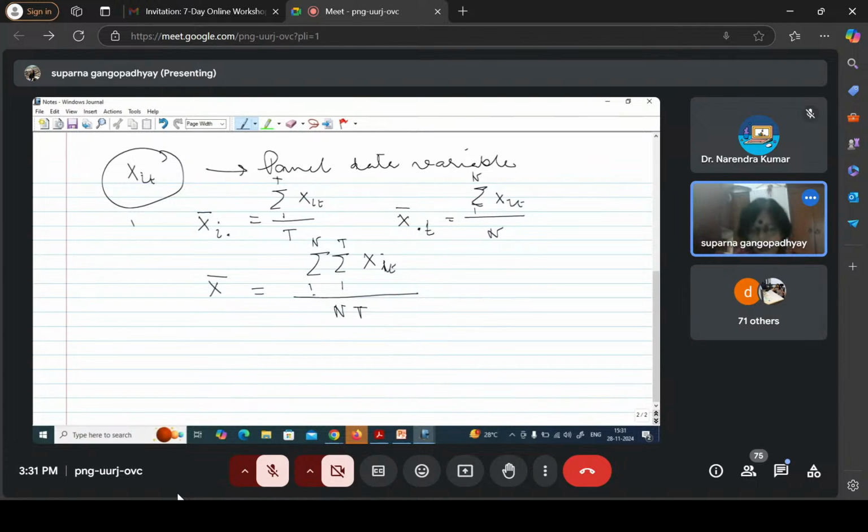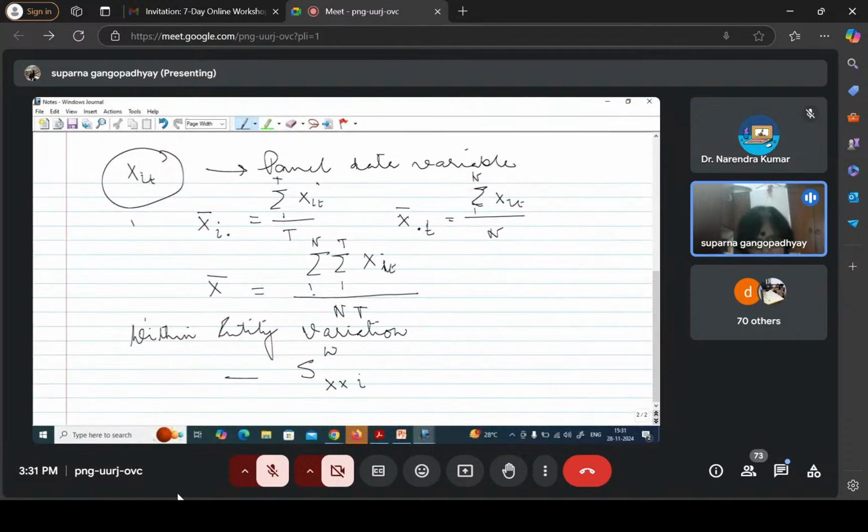And your sources of variation. When I consider within entity variation, for total within entity variation, you can write it as sum of squares, let me just say S within.